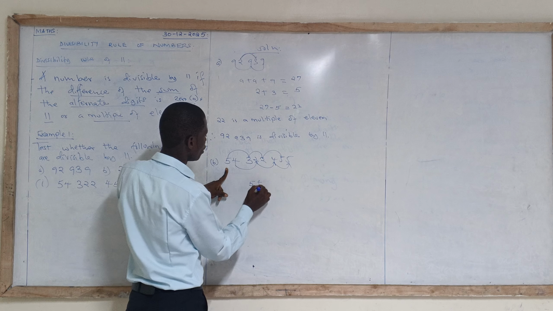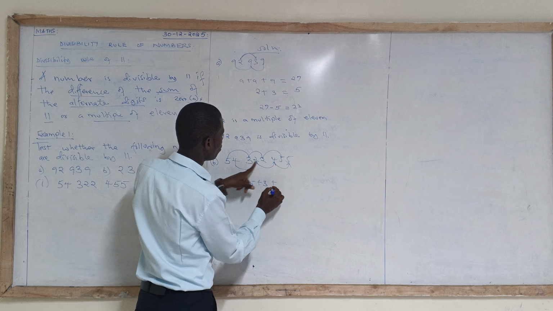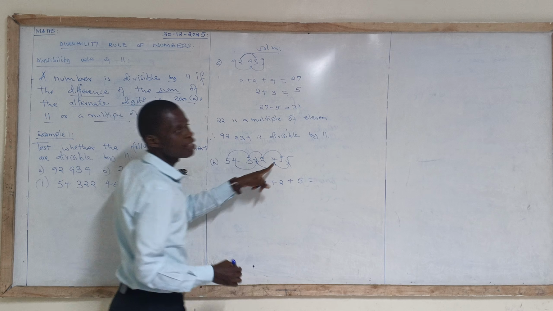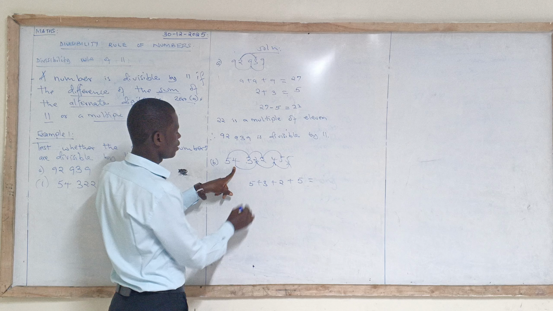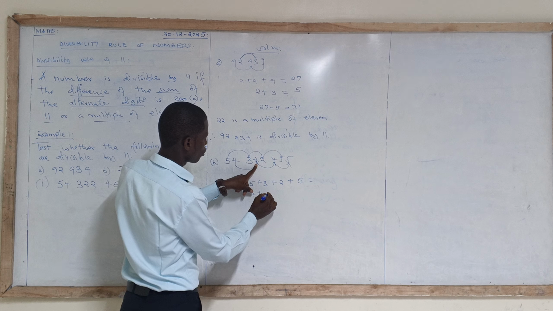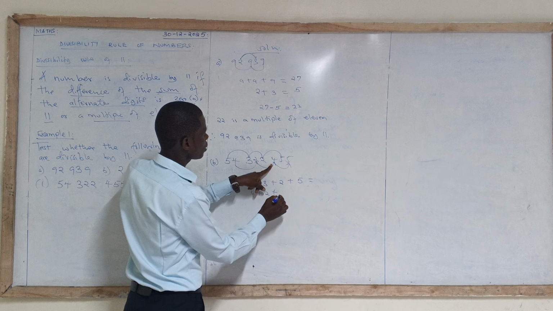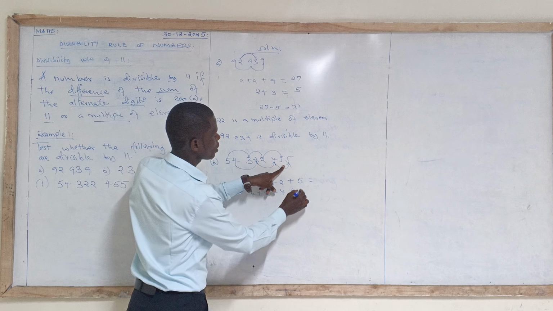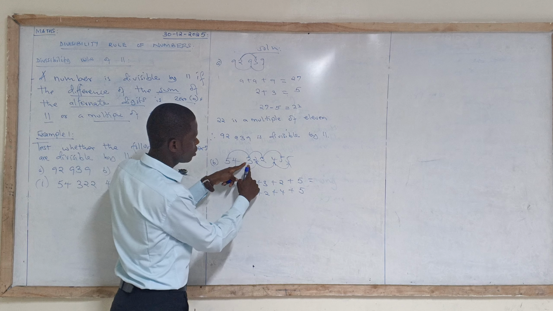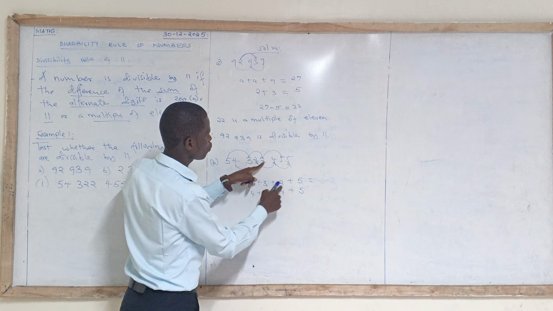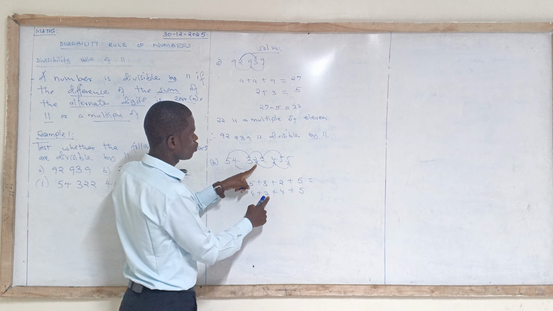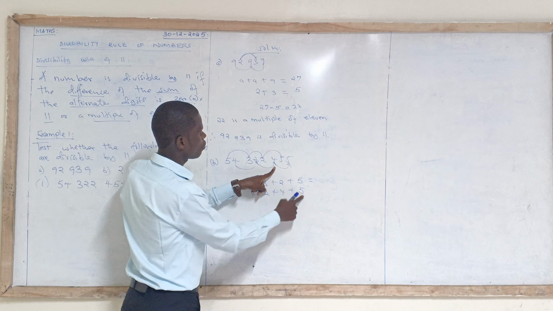I will have 5 plus 3 plus 2 plus 5, then the next one 4 plus 2 plus 4 plus 5. Confirm: 5, 3, 2, 5, then 4, 2, 4, 5.